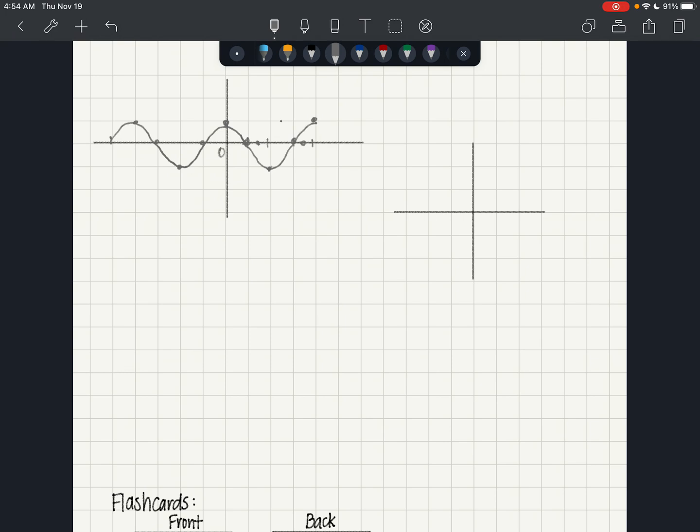We have 0, 2 pi, pi, and then right here we have pi over 2, and right here we have 3 pi over 2. To the left we have negative pi over 2, negative pi, negative 3 pi over 2, and negative 2 pi.